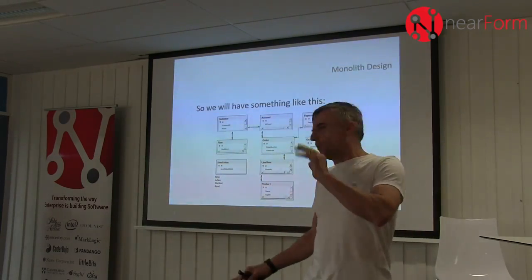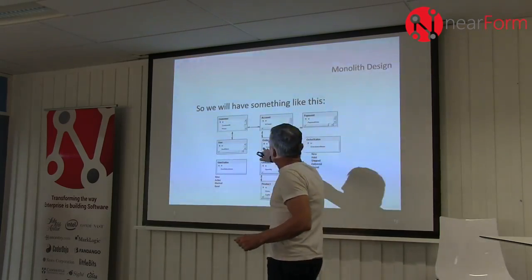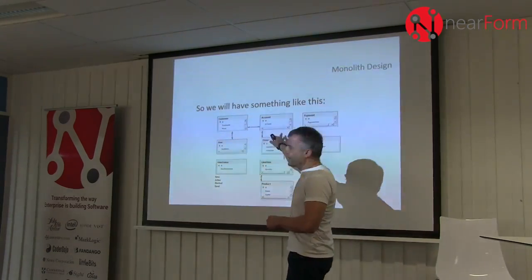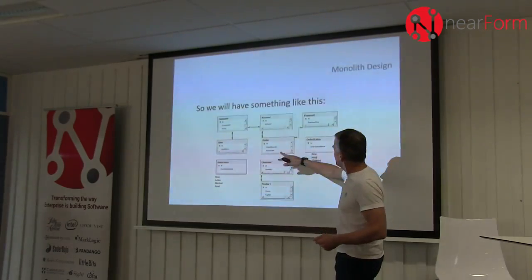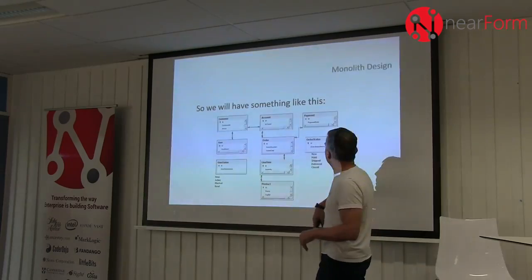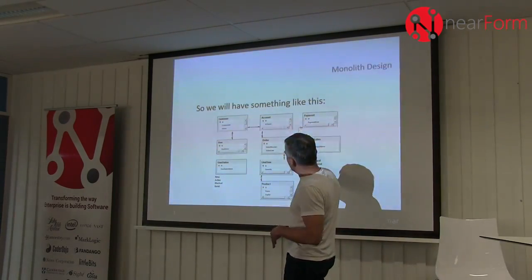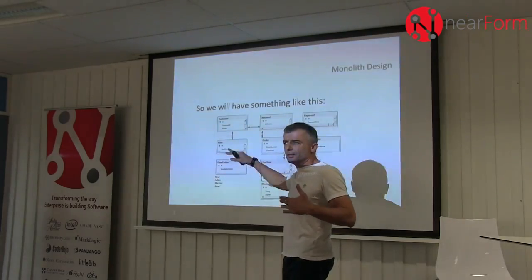But basically we have a user, a customer, an account, then orders, line items that go to the product. We have a payment for this order, and then we have the order status and update status and so on.